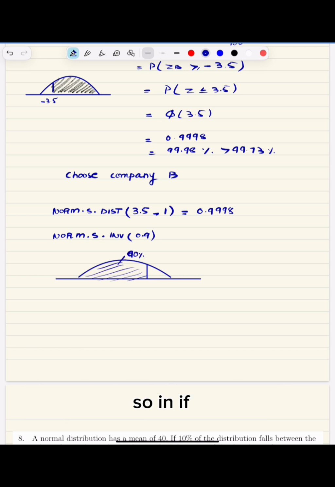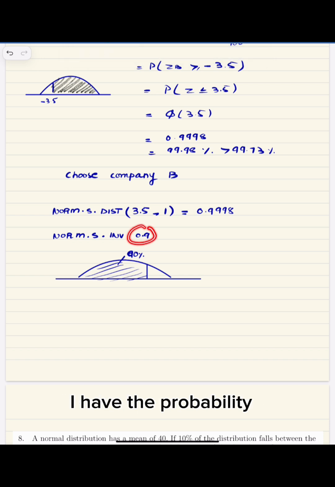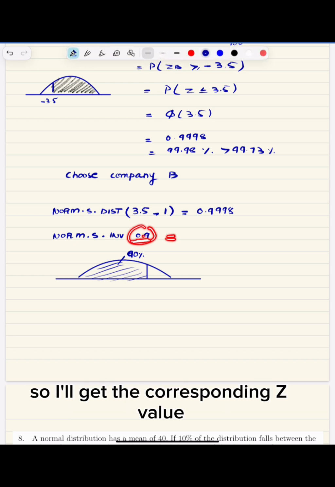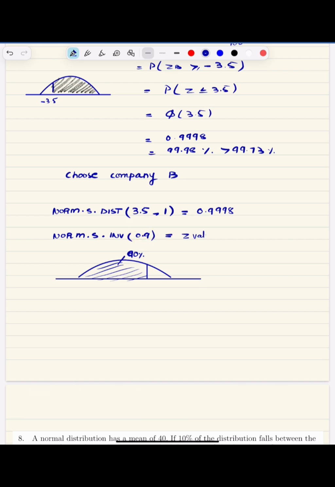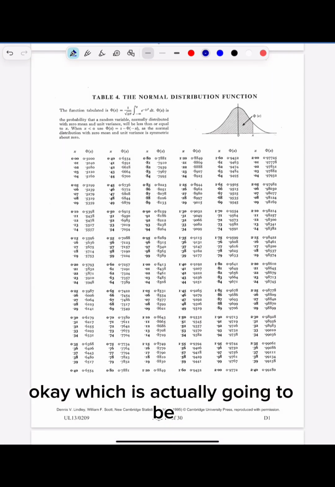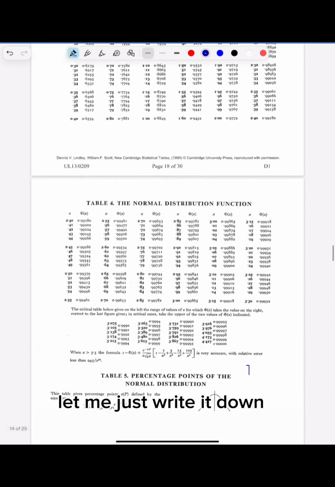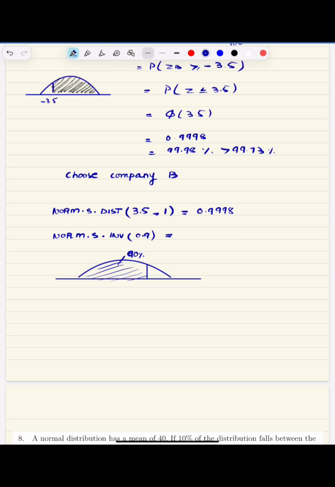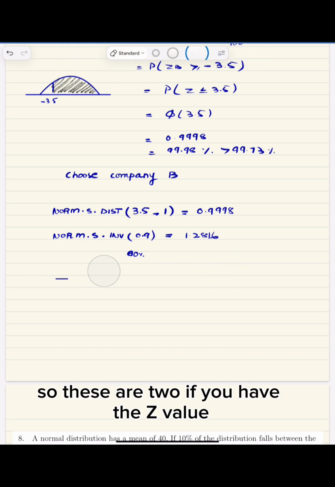So I have the probability and it's going to give me the corresponding Z value. Okay, which is actually going to be, let me just write it down. 90% means 10% in the upper tail, 1.2816. Okay, 1.2816.